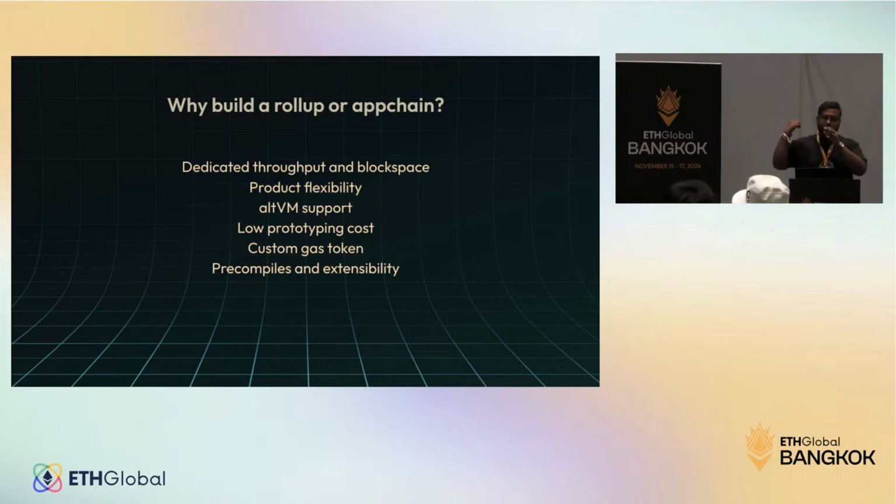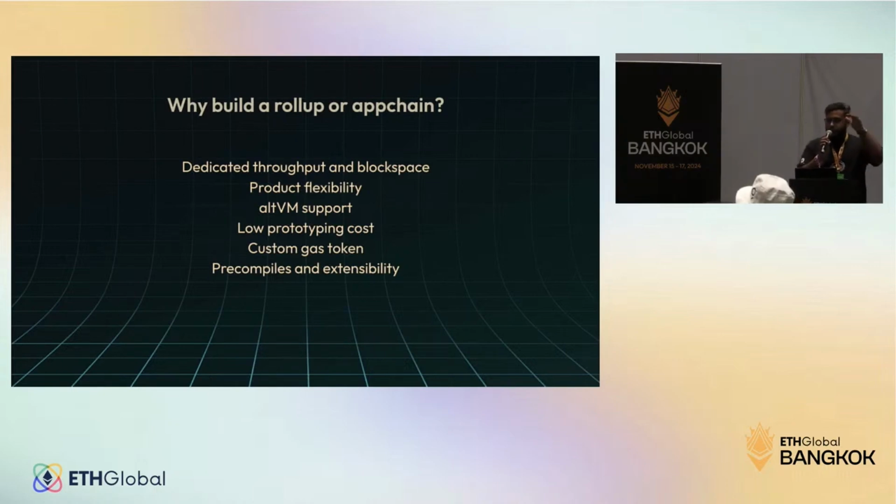That means there's going to be congestion, the block times will be variable at times, and you don't get consistent throughput, right? By deploying your own app chain, you are able to get independent block space and dedicated throughput.